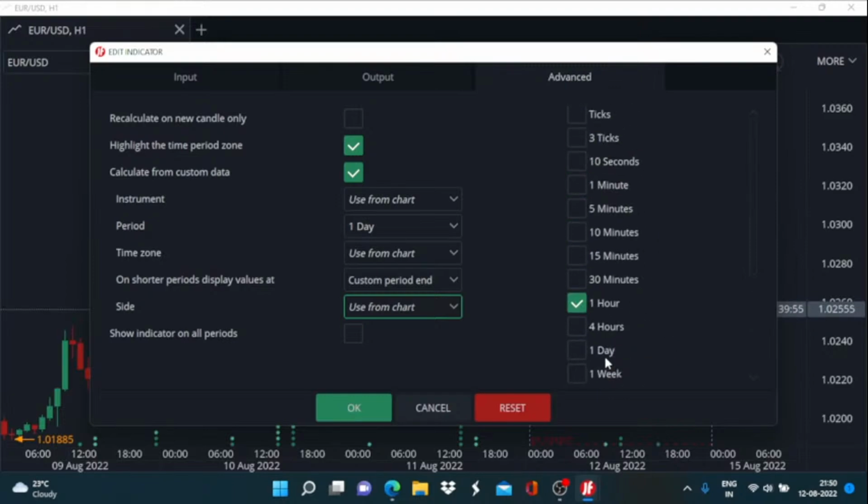So this platform provides you the flexibility of how you want to make the assessment of the market, and you can even customize these indicators to reflect the price dynamism in different time frames. You can define certain levels for, say, the hourly chart, and it should be reflected only on the hourly time frame.